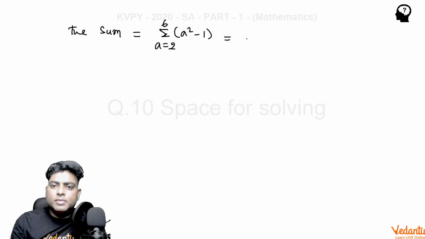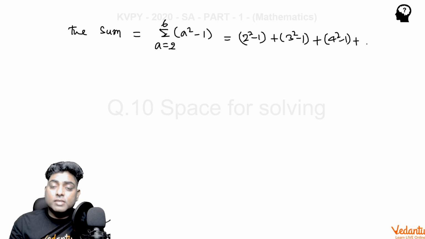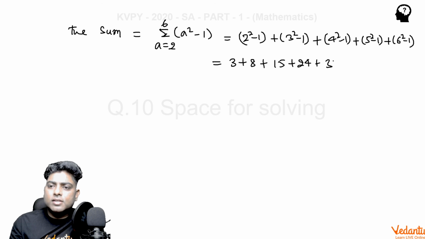When a is 2, it is 2 squared minus 1, then 3 squared minus 1, 4 squared minus 1. We also have the formula for the sum of r squared, but as the terms are few, we are not going to apply that formula. Here the answer is 3, here 8, here 15, here 24, and here 35.